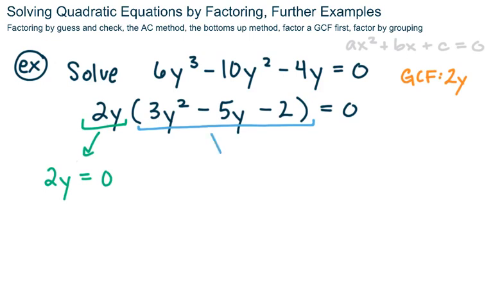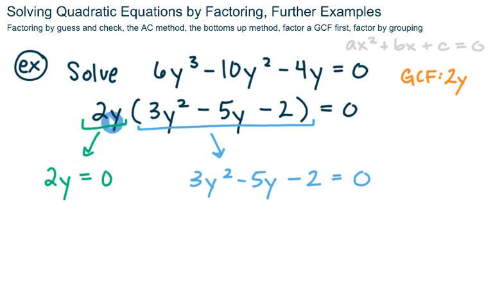So you can see I've written my first factor, 2y equals 0, and then my second factor, 3y squared minus 5y minus 2 is equal to 0. Now, I did have the option to divide on both sides by 2, which would have just given us y equals 0.